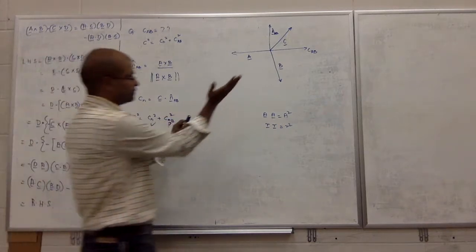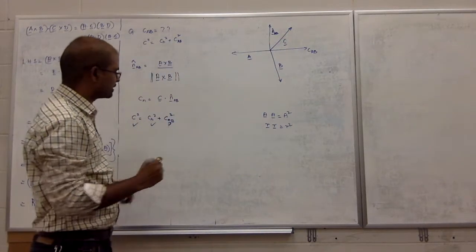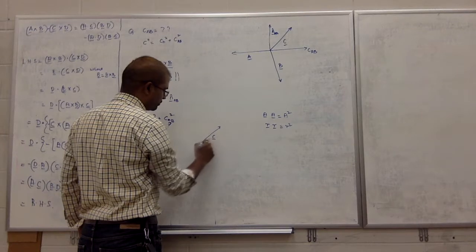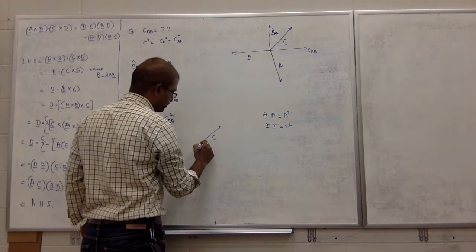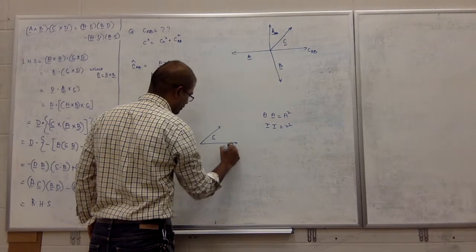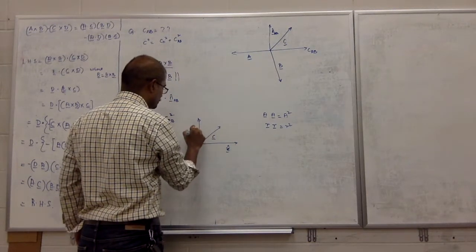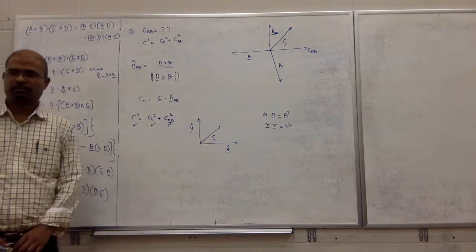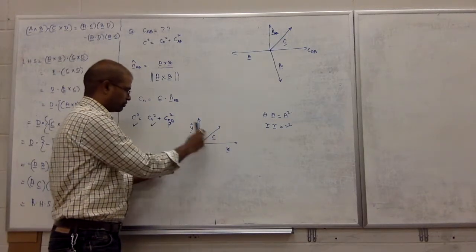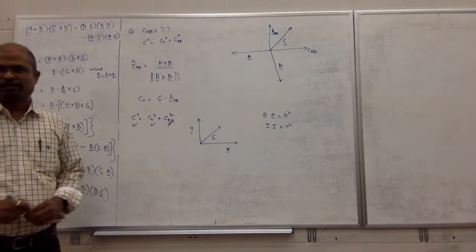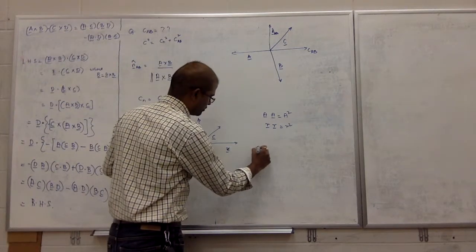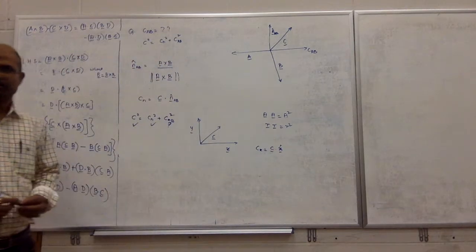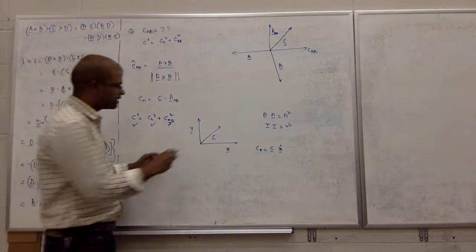Understand this: if you have a vector, let's say C, and you have X and Y. The projection of C on X is C dotted with X. It is essentially this length.